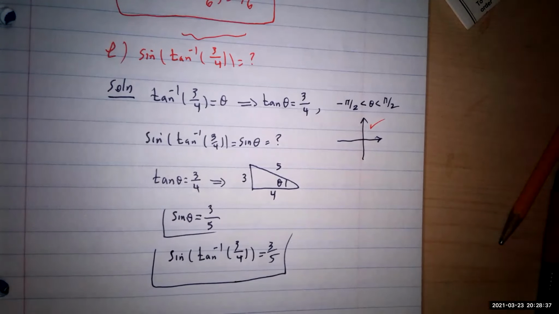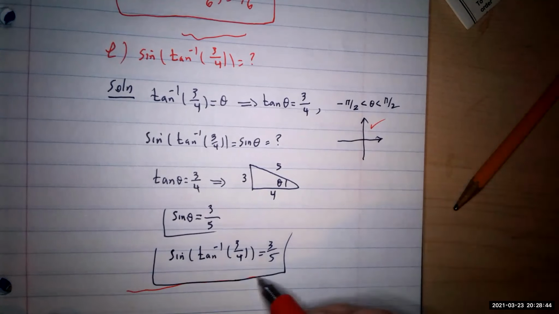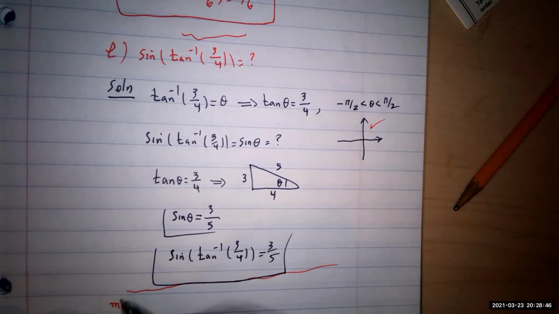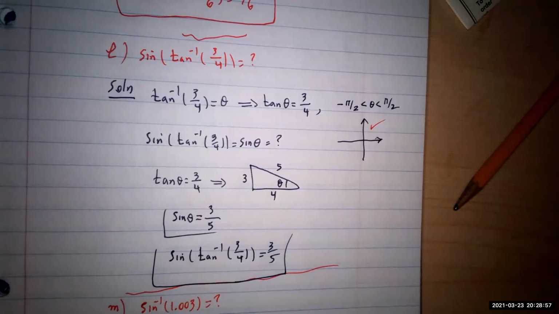And that last one is again the tricky one, part M. You want to find the sine inverse of 1.003. You want to find an angle whose sine is 1.003.